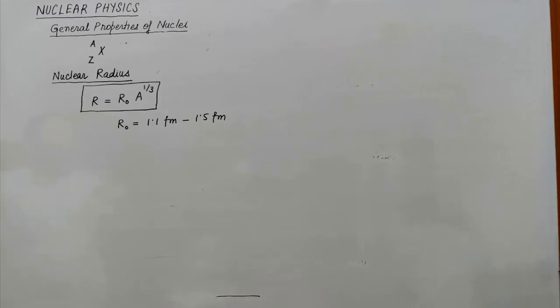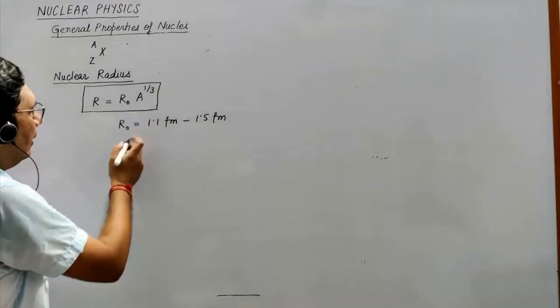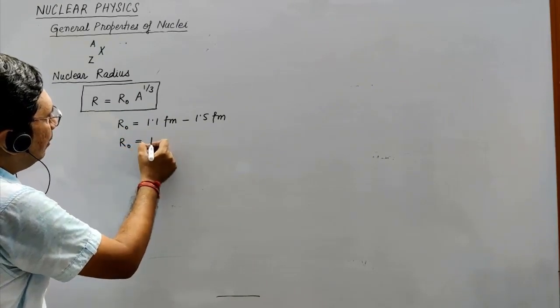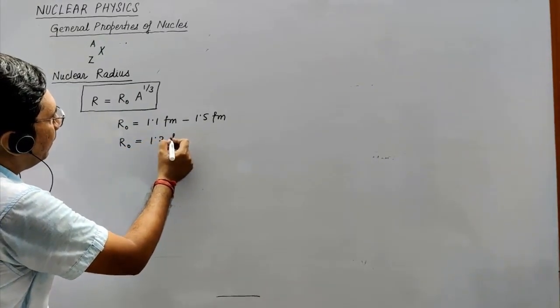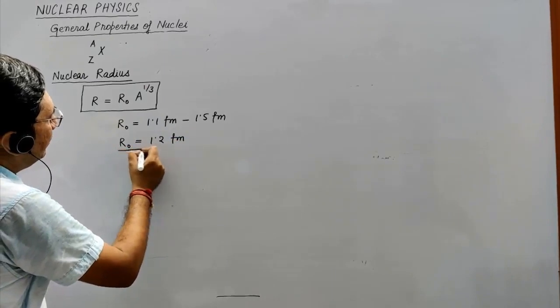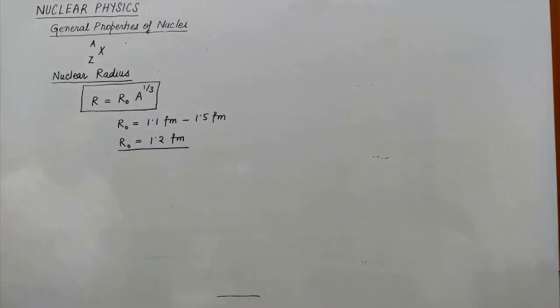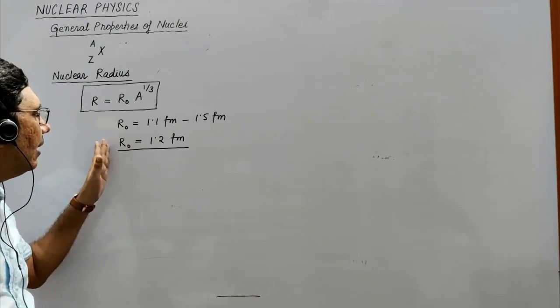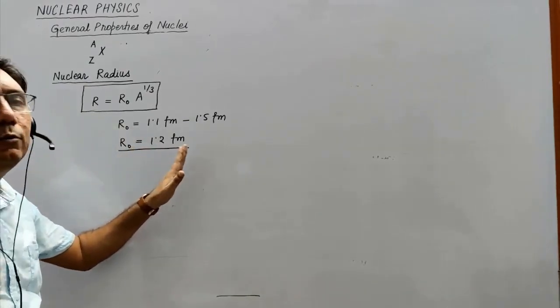But if they are not giving you any value of R naught, then you will always use R naught equal to 1.2 Fermi.